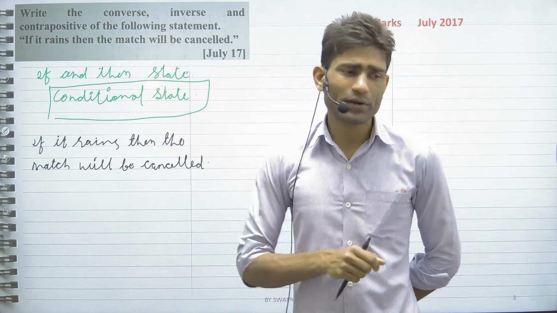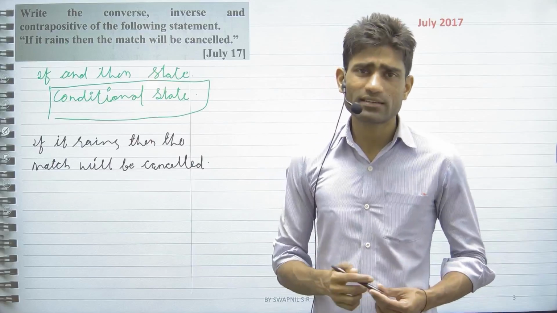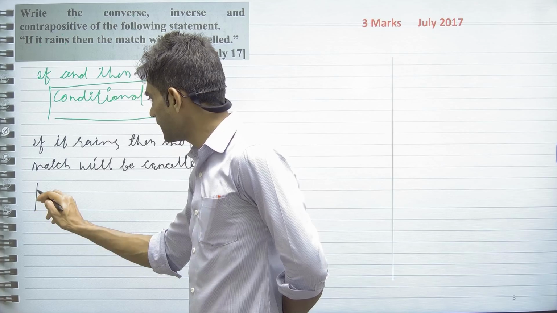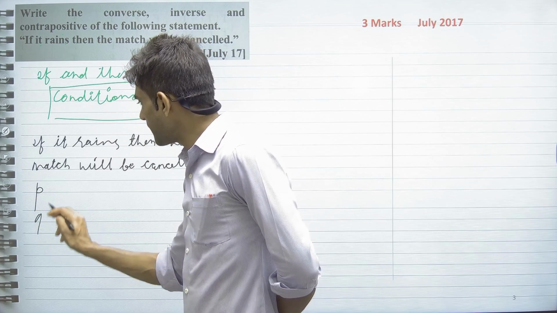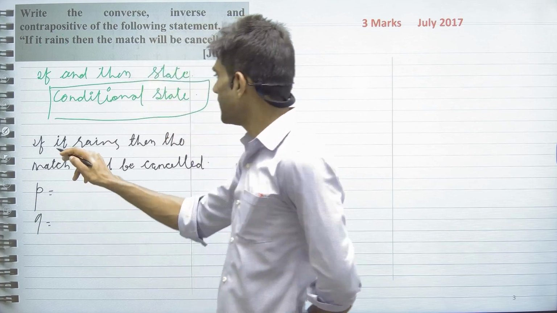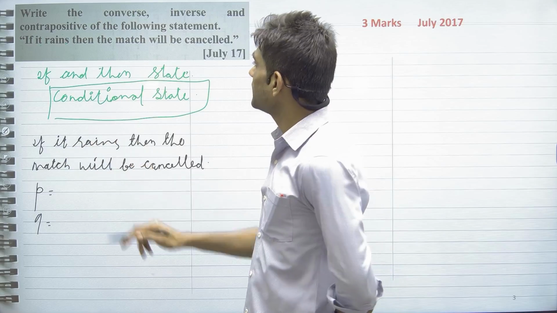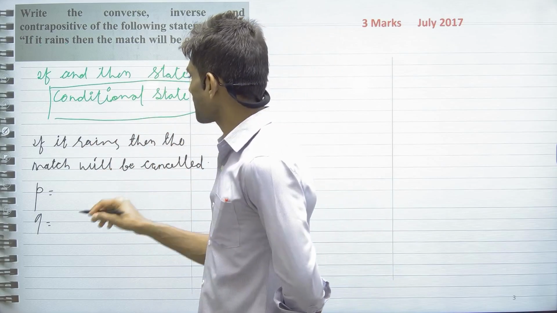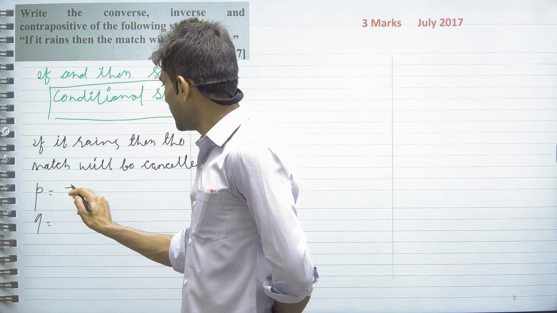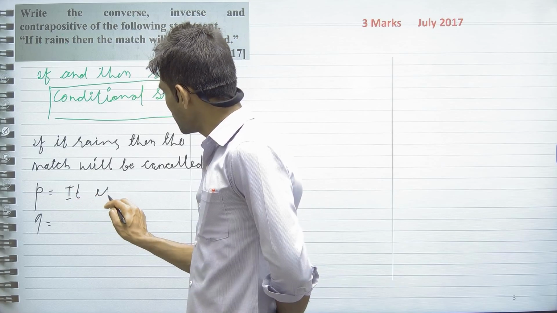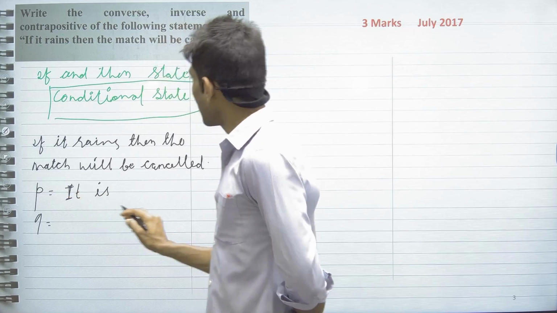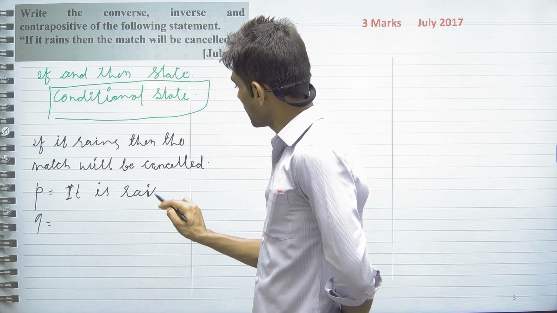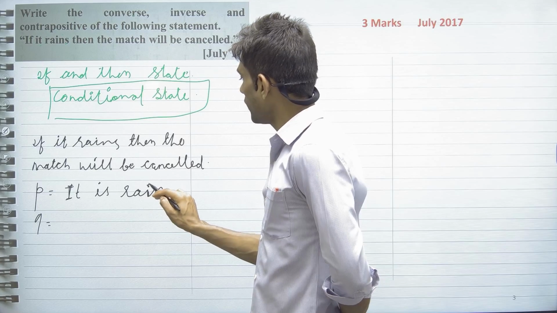First of all, convert our statement into the form of logical sentences. Consider two different statements, statement P and statement Q. Statement P is: it is raining.